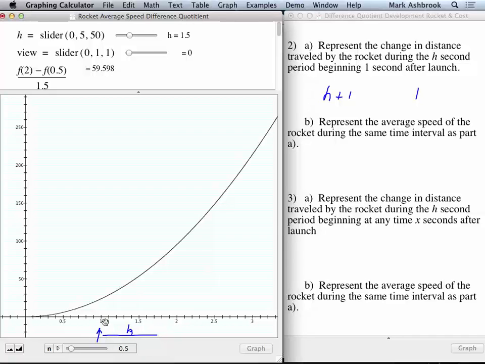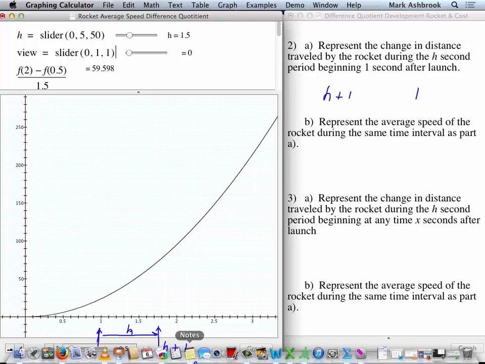And so therefore, if we start at 1 and it lasts H seconds, what's our final value of the time? Is it H? It's H plus 1.